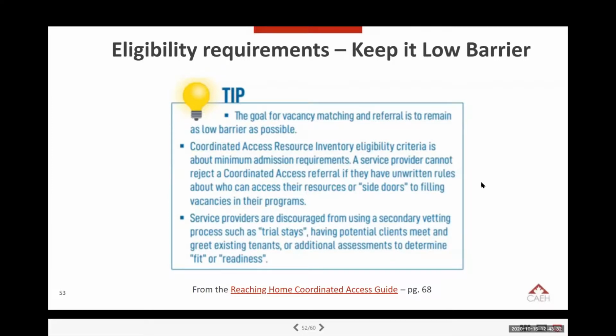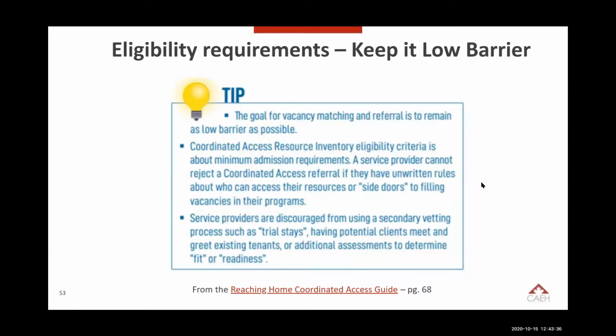They also encourage that providers do not use secondary vetting processes, that all of your processes are built into your coordinated access processes so that there aren't trial stays, or having potential clients meet and greet existing tenants, or additional assessments to determine fit or readiness. It really is about trusting your system.